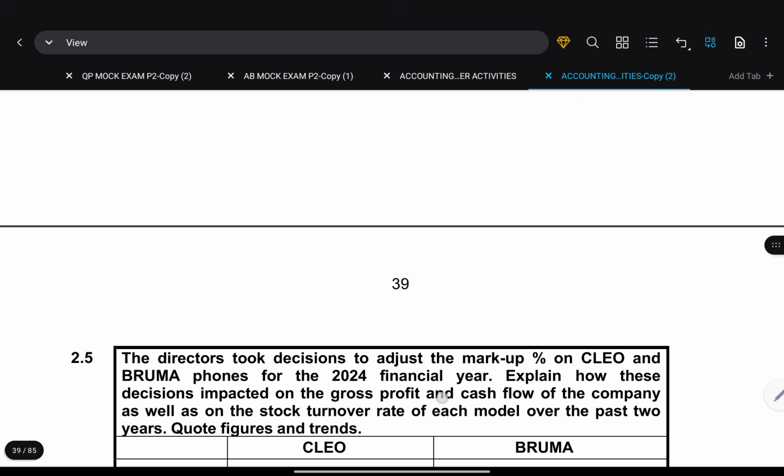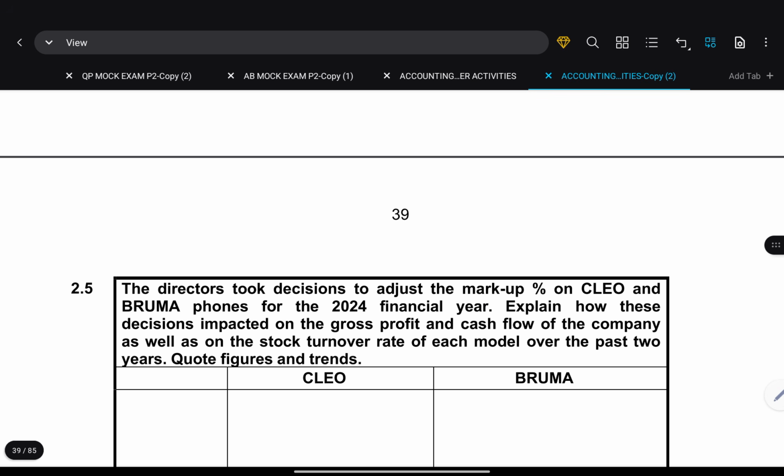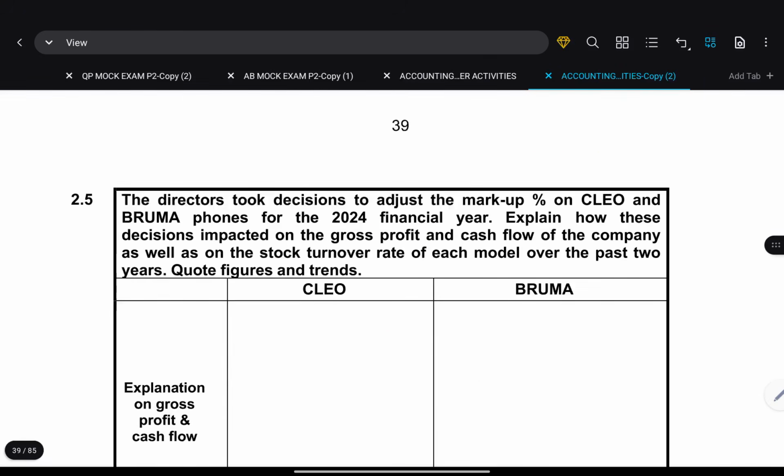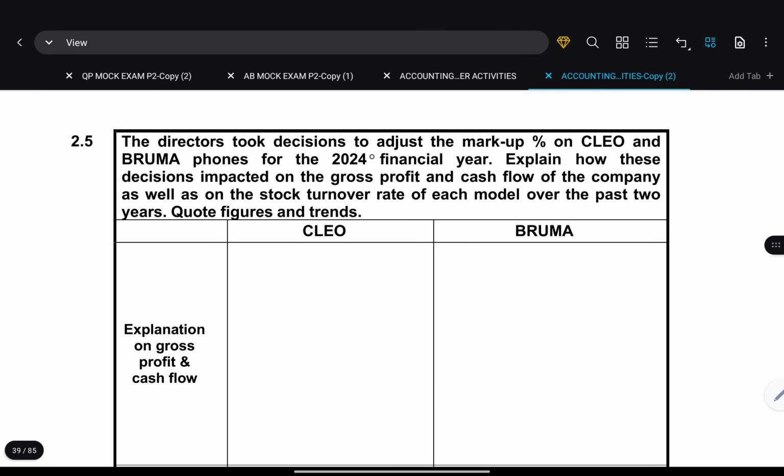Now let's go and look at the next thing that we are expected to answer. Next, they are saying that the directors took decisions to adjust the markup on Clio and Bruma phones for the 2024 financial year. Explain how these decisions impacted on the gross profit and the cash flow of the company, as well as on the stock turnover rate of each model over the past 2 years, quote figures and trends.